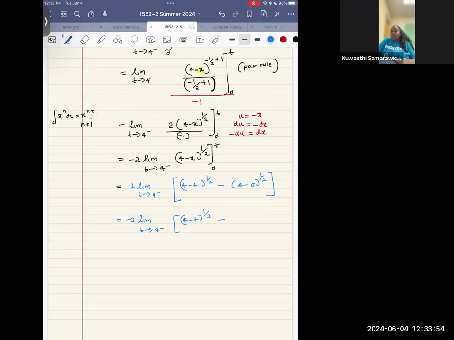Here you will get 4 minus 0 is 4, and the square root of 4 is just 2. Okay. Now what can we do? Can you all try a little bit after this? What do you get?